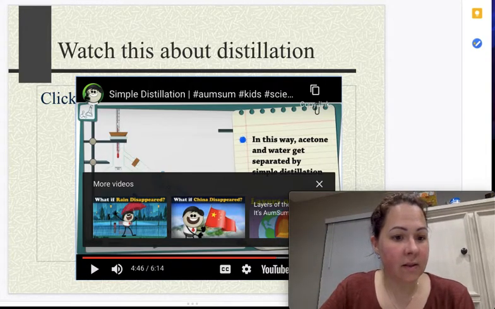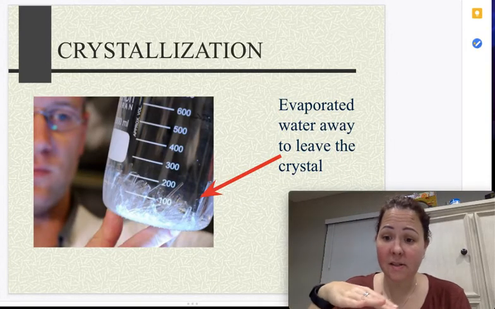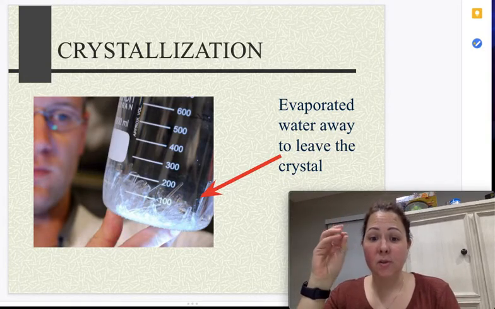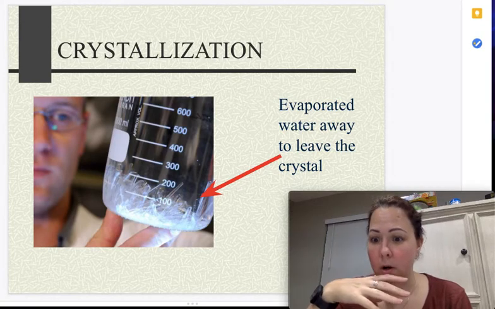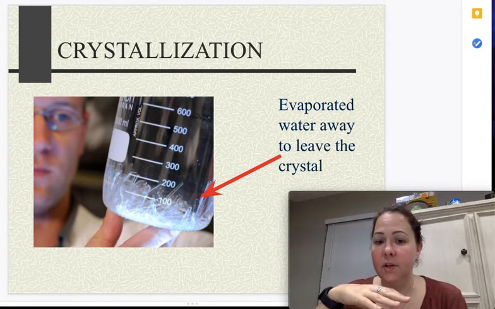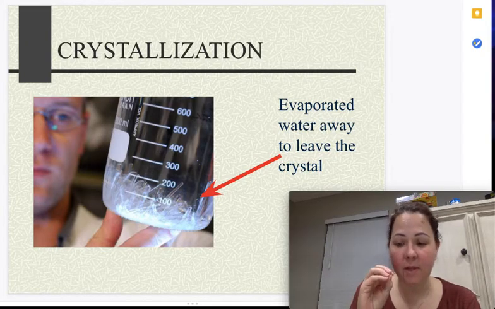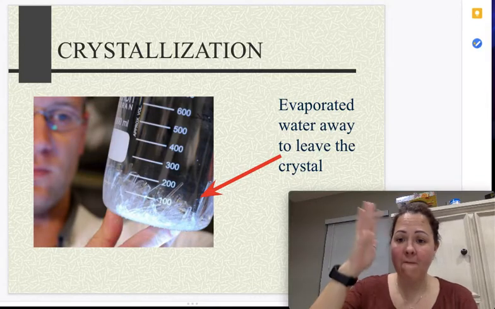Now looking at the next type, this is where you're going to have a solid that's dissolved into a liquid. With your crystallization, your solid dissolved into a liquid, this is like sugar dissolved into water. If you have sugar dissolved into water, you let the particles of the sugar stay behind because the water evaporates away.